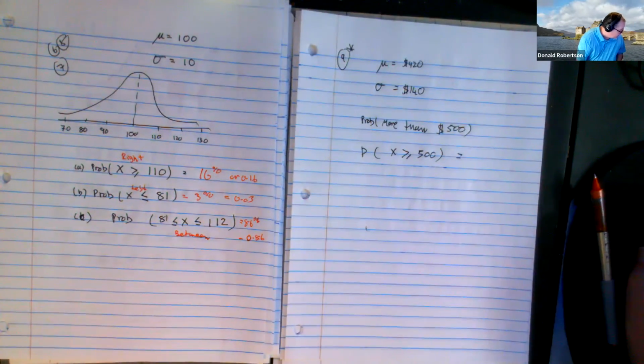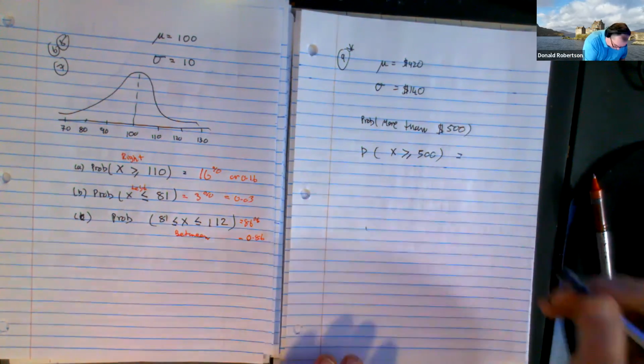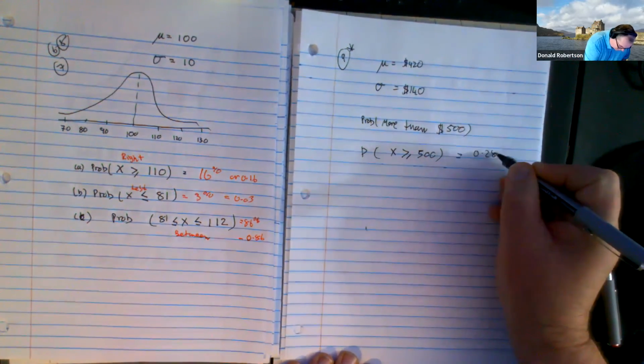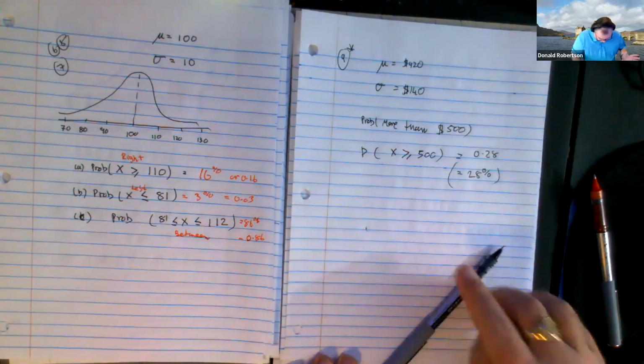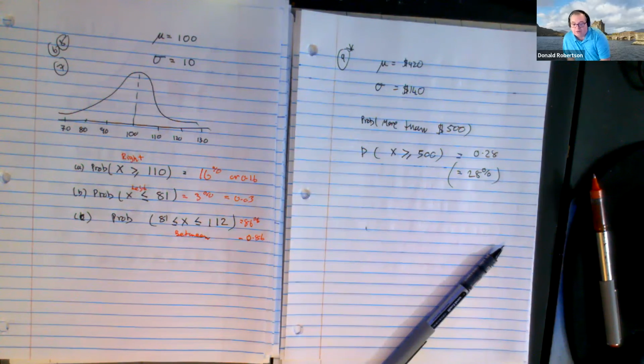And the answer that we get here is 0.28, roughly. So there's a 28% chance. You could phrase it another way. 28% of students will spend more than $500 on their textbook this semester. Right? It's just another way of phrasing that same information.